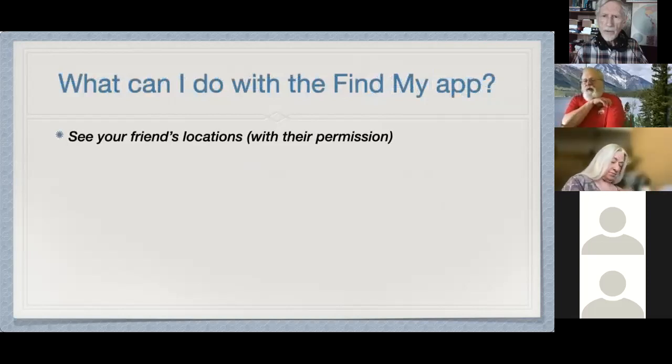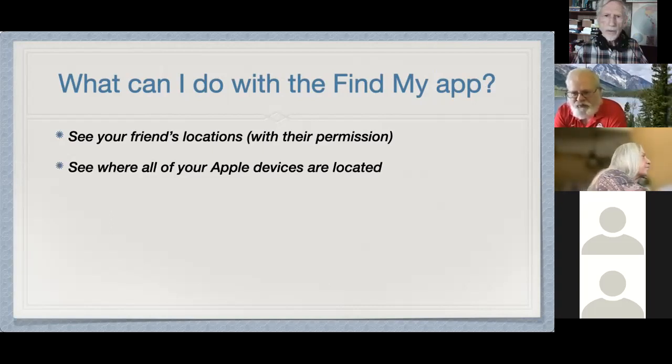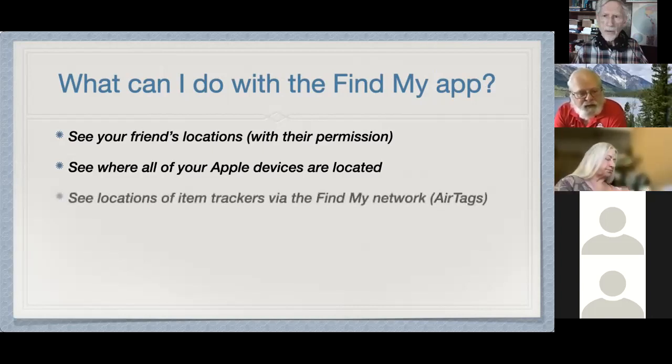Tracking the location of your friends is typically done by having your friend share the location of their iPhone or iPad. The Apple devices include iPhone, iPad, iPod Touch, AirPods, and Mac computers. And AirTags, which we will talk about later, you can use to track any item that you attach the AirTag to.